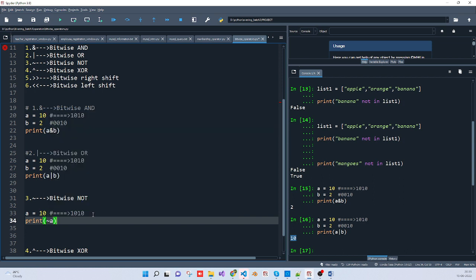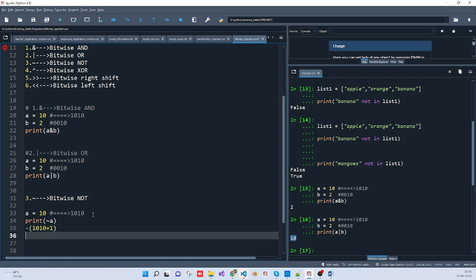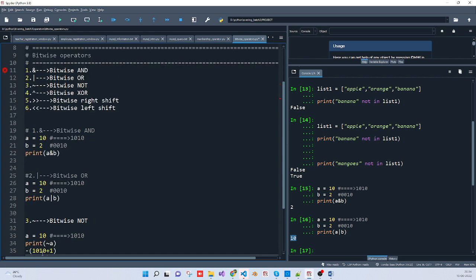What will it do, guys? In binary format, 1010, then plus one, it will be in minus format. So minus of 1010, so it will be 1011. The output is 1011.